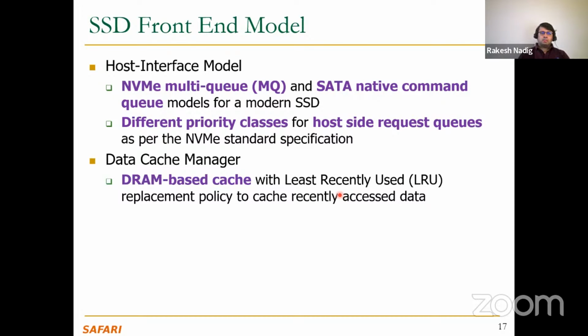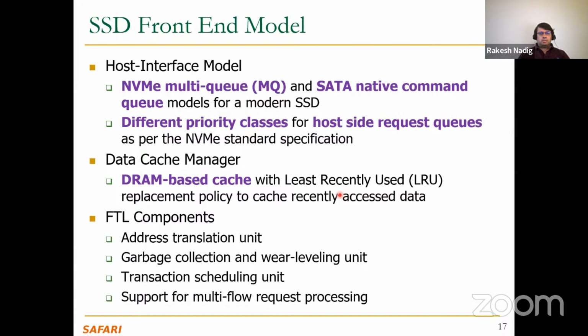We also have a data cache manager, which is a DRAM based cache, like we saw in the introduction slide, which uses a least recently used replacement policy to cache recently accessed data. And we also have different FTL components modeled in MQSim, such as address translation unit, garbage collection, wear leveling, transaction scheduling unit, and support for multi-flow request processing.